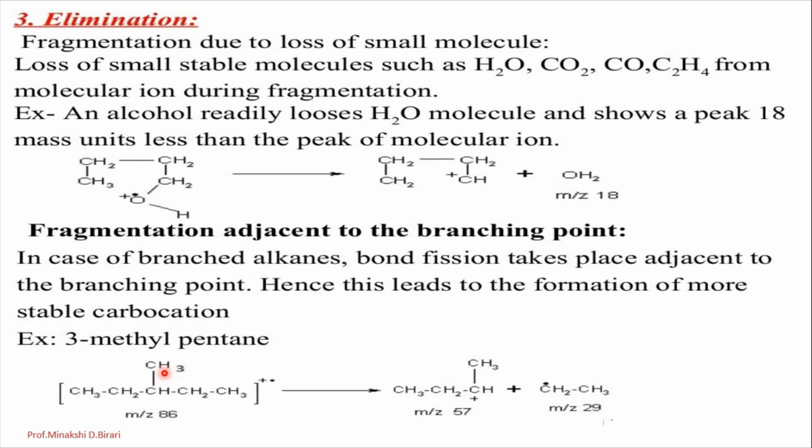So here branching is present, and adjacent to the branch point there is a cleavage of this carbon-carbon single bond. Due to the rupture of the carbon-carbon single bond, there is the formation of fragments M/Z 57 and M/Z 29 in the case of 3-methylpentane.